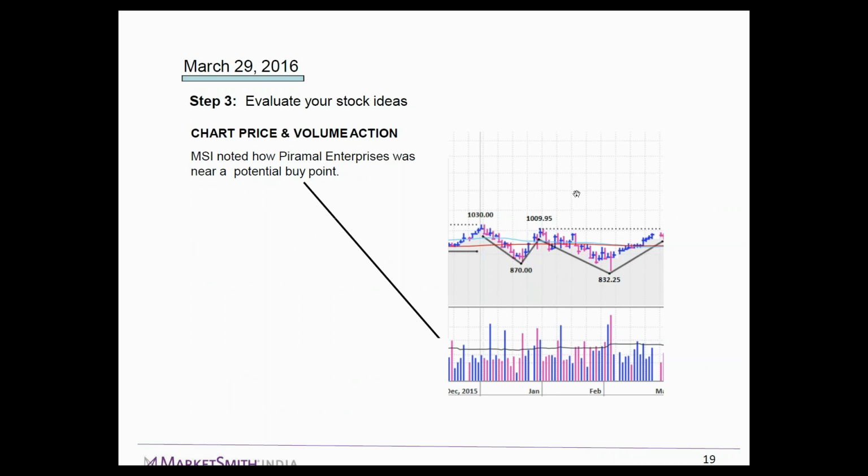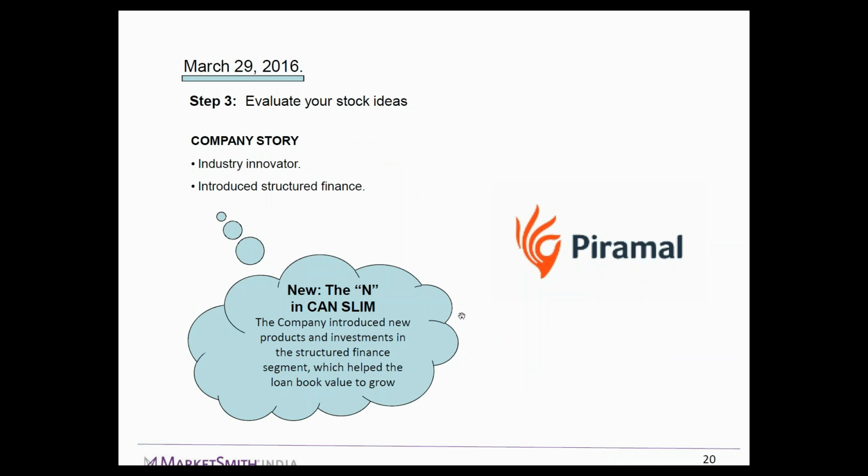So here in MSI we noted how Piramal Enterprises was near a potential buy point, and we were watching this stock at that particular point of time. After we had evaluated the stock and were convinced with the fundamentals, we dug into the company's story. There we looked for the N factor in CanSlim.